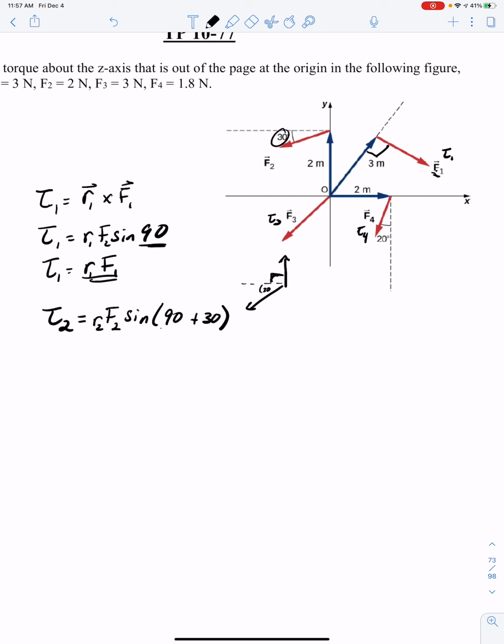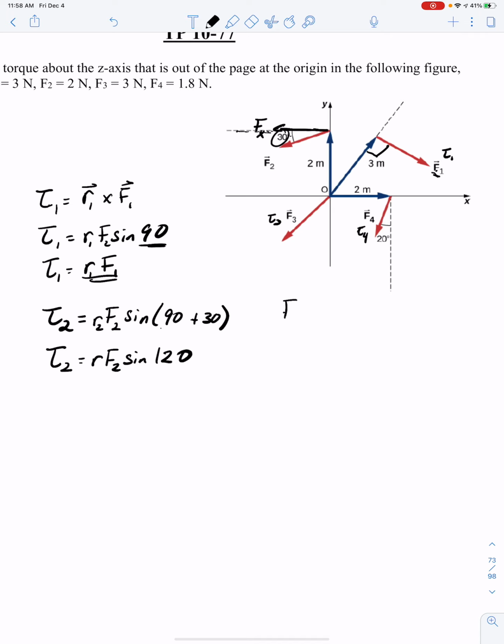And that would give me r F sine of 120. Okay? That is a way to do it. Another way to do it is by identifying that you need both vectors to be completely perpendicular to each other. So you can just go and say, okay, this is an angle 30, and I need the component of F in this coordinate.